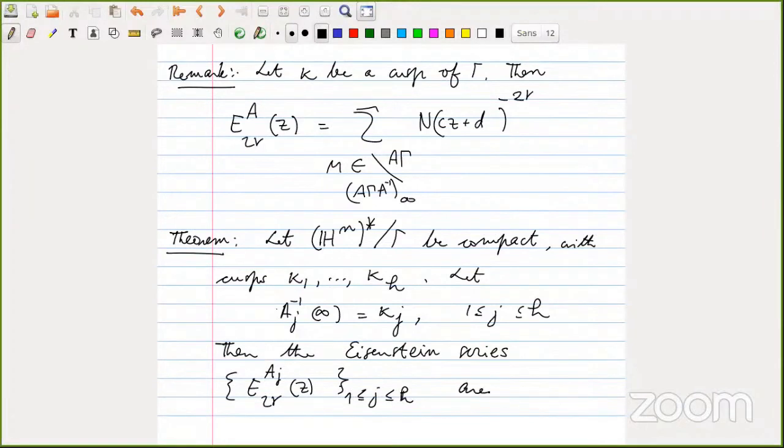So they are linearly independent. Once I have a linearly independent set, we ask if we can span the whole space.